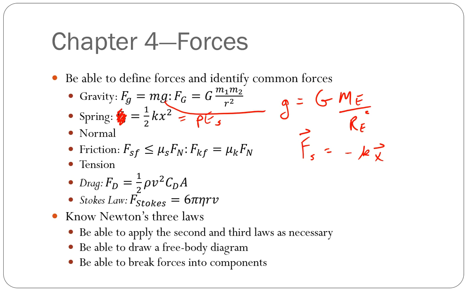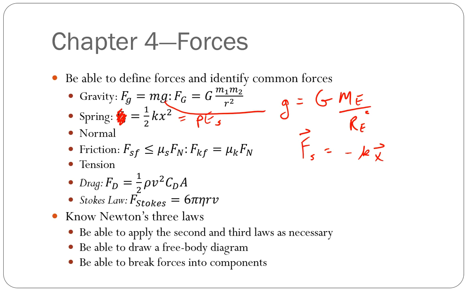Using these forces, we had Newton's three laws. The first law, the law of inertia, says an object in motion stays in motion unless a net force acts on it. Once you learn the second law, the law of inertia isn't really important, because the second law says the acceleration of an object equals the net force on the object divided by the mass of the object.